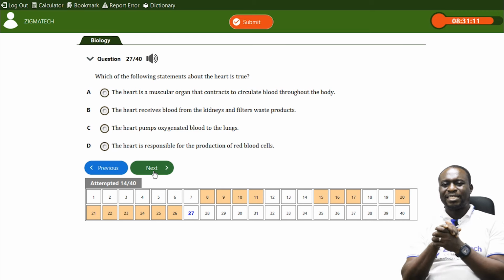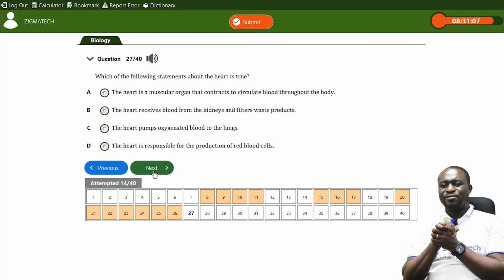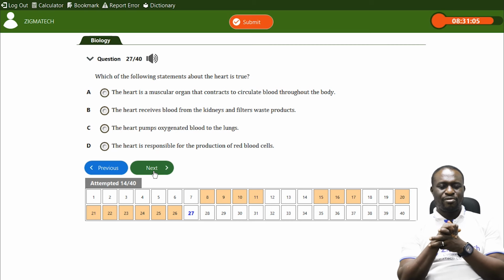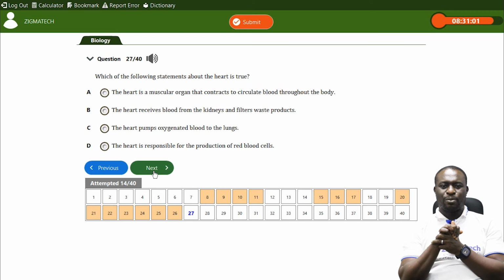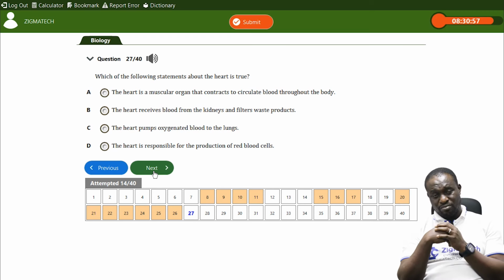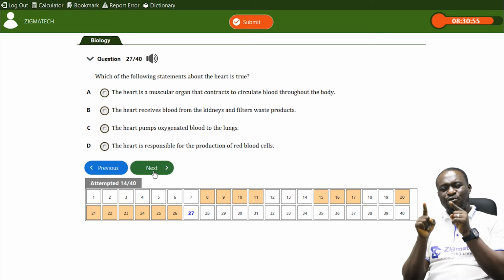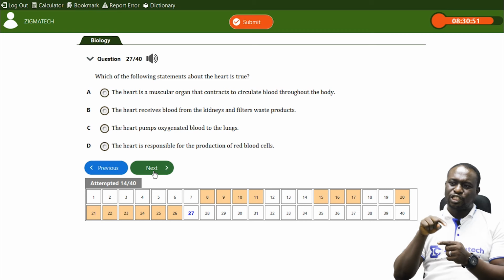B says the heart receives blood from the kidney and filters waste product. Very wrong. The heart actually receives blood, but it does not filter waste product. It is the kidney that filters waste product.